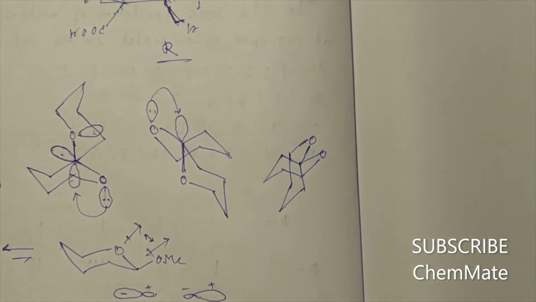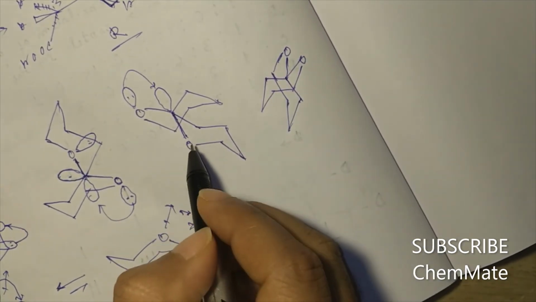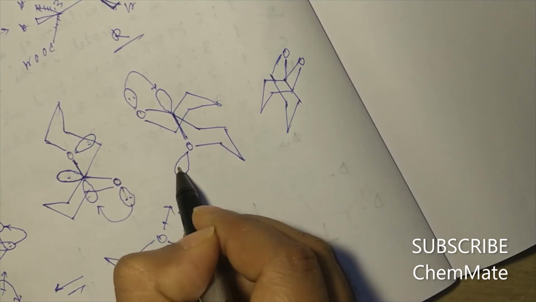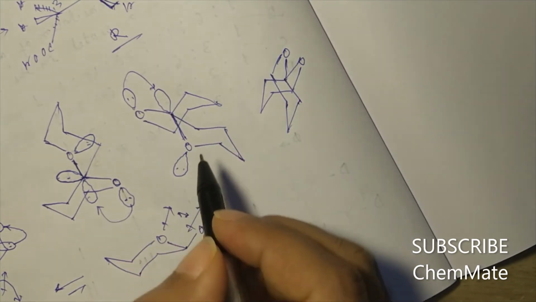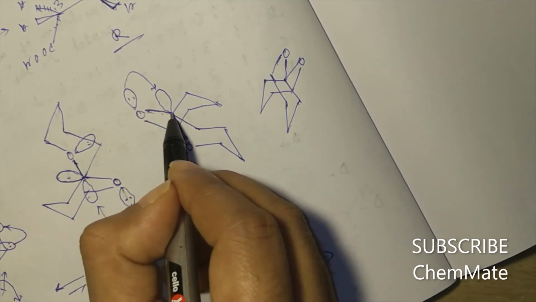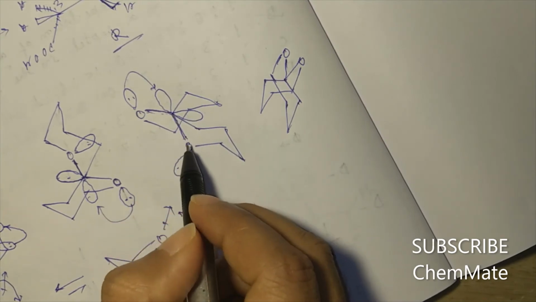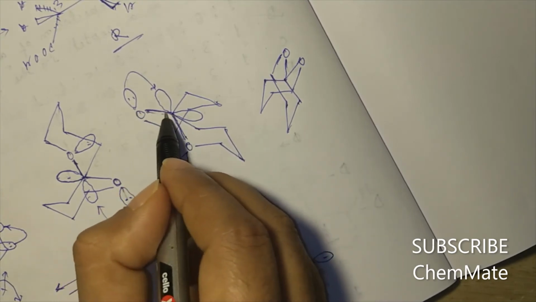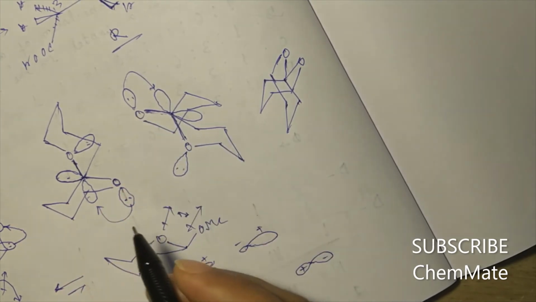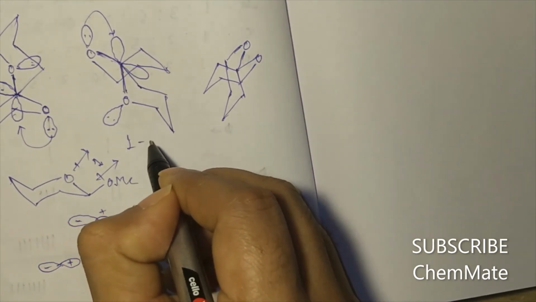On the other hand, if we consider this pyranose ring, then here the p orbital is in this direction, and this sigma star antibonding is in this direction, so this will not operate here because this bond is actually in equatorial position. So here only one anomeric effect will operate.